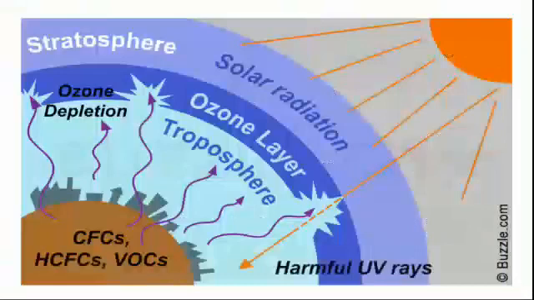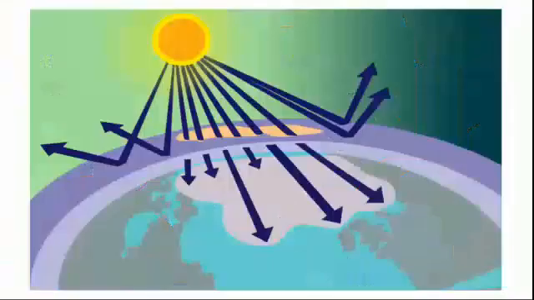Chlorofluorocarbon, hydrochlorofluorocarbon, and gases like these are making a depletion in the ozone layer. And due to this, the sun's ultraviolet rays are coming directly on earth, which is very harmful for all living things.